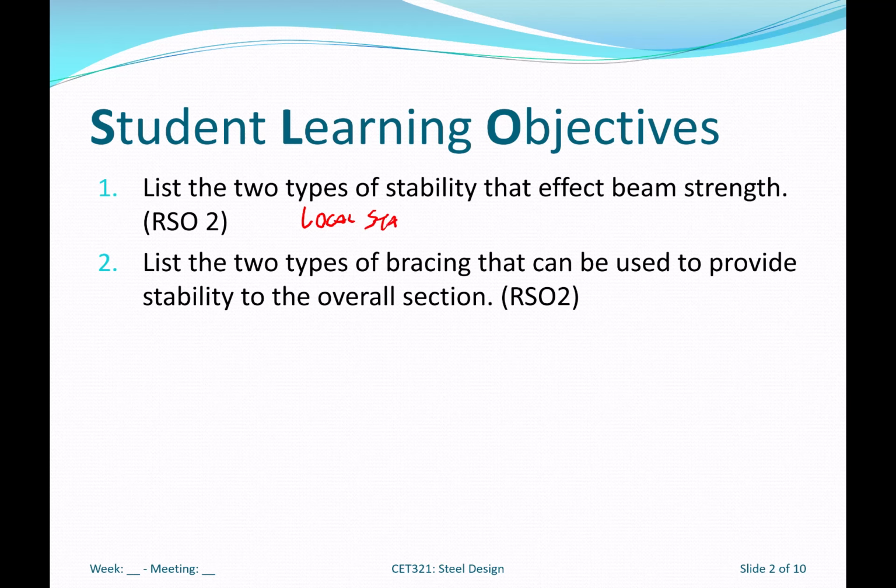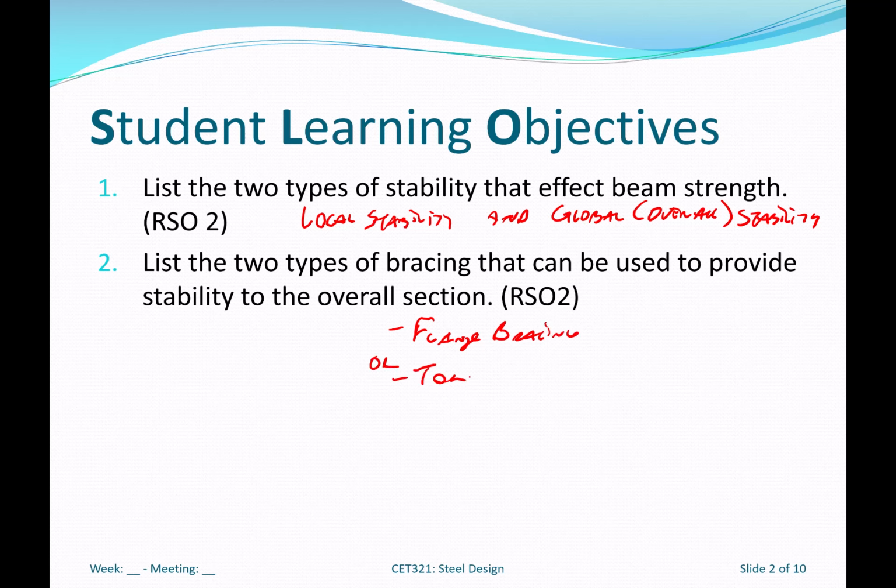And we have what we can refer to as global or overall stability, and then the global or overall stability can be accomplished by having flange bracing and torsional bracing, I should say.